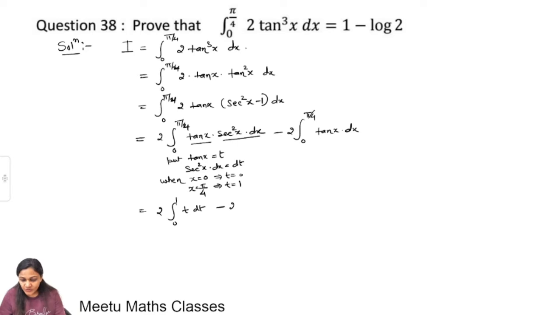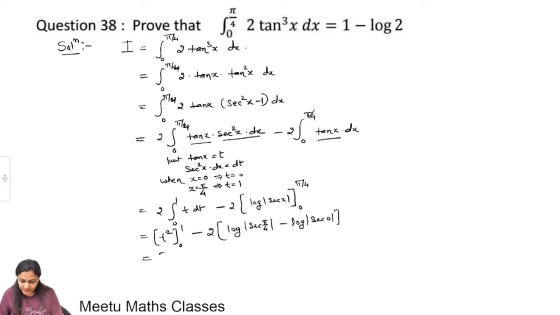Minus 2 times the integral of tan x, which is log sec x. We are going to put our limits here. Now the integral of 2t is t square. We put limits here. Minus 2 log of sec pi/4 minus log of sec 0.